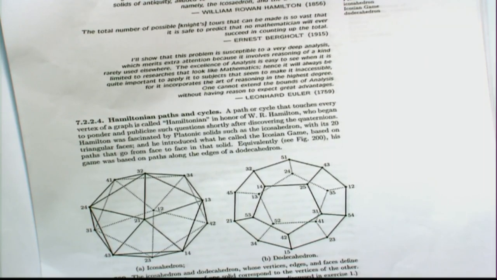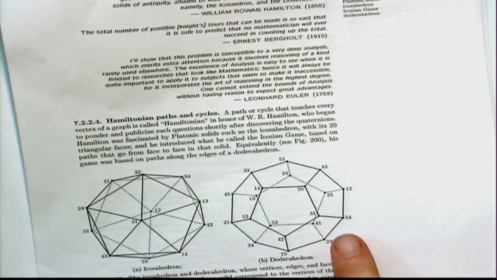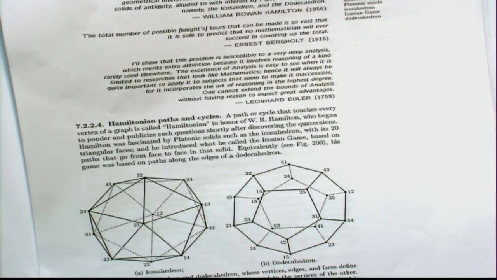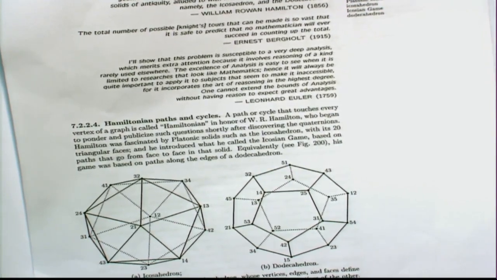Although Wikipedia says that the Hamiltonian path is to go between the vertices of a dodecahedron, Hamilton described it as going between the triangles of an icosahedron, which is mathematically the same problem. As you'll see, there's something really interesting here.